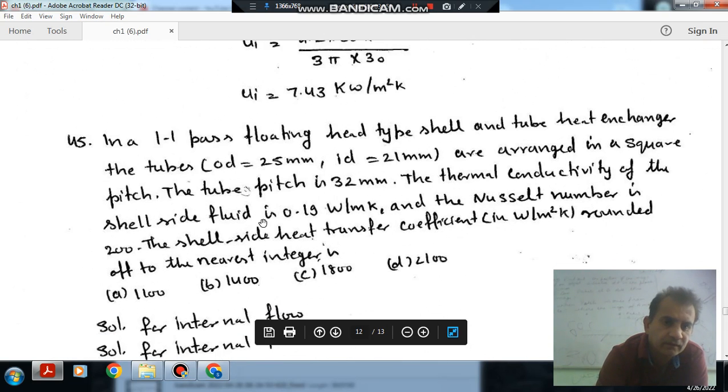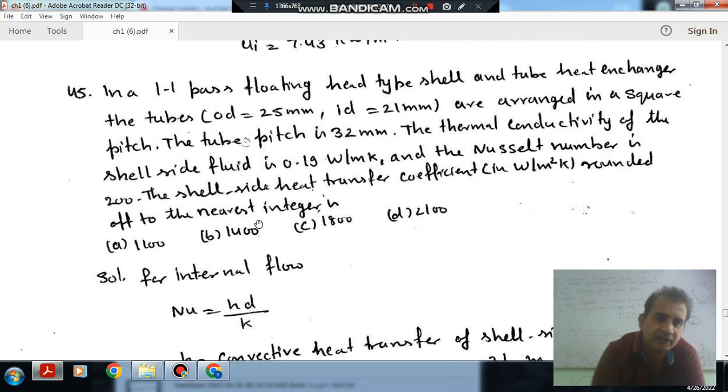Next, in a 1-1 pass floating head type shell and tube heat exchanger, the tube OD 25 mm and ID 21 mm are arranged in a square pitch. The tube pitch is 32 mm. The thermal conductivity of shell side fluid is 0.19 watt per meter per degree Kelvin.